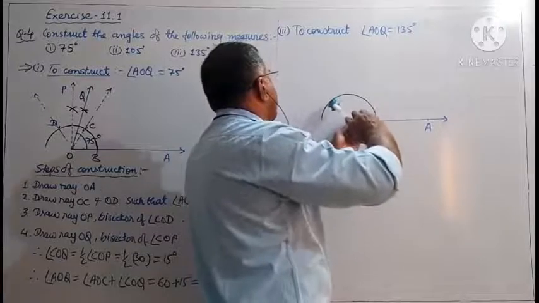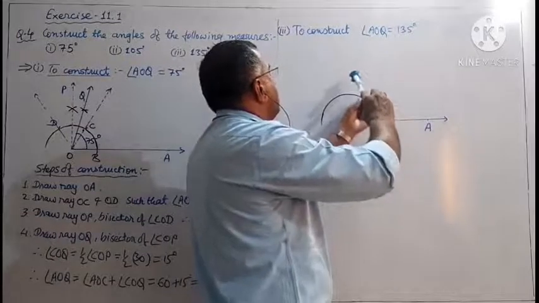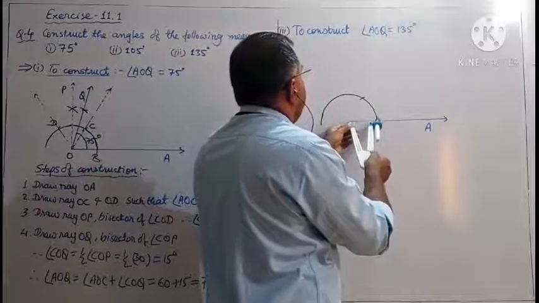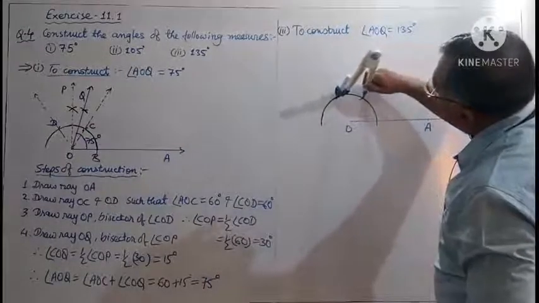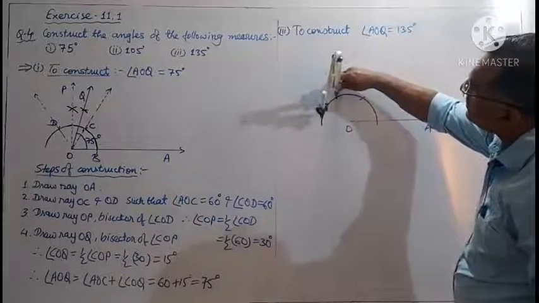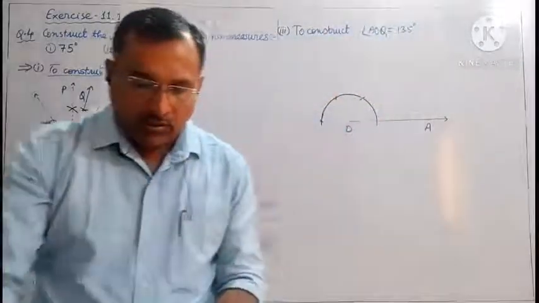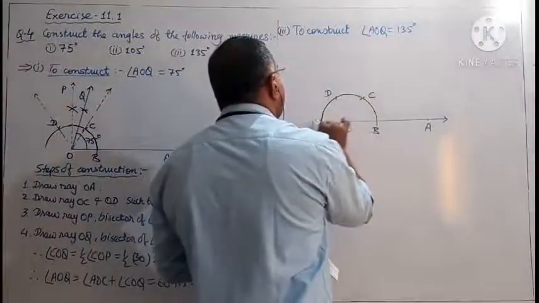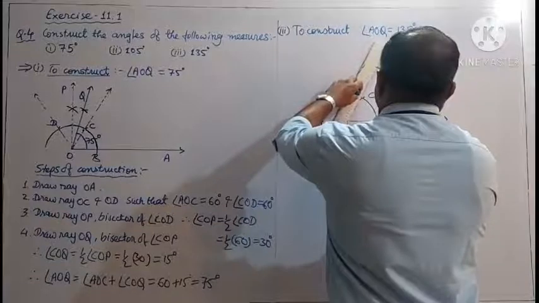Now taking this point as a center, draw the arc which intersects at C. Taking C as a center, with the same radius without changing the radius, we draw the arc which intersects at D. And taking this point as a center, again we draw the arc which intersects at E. So now here you can mark these points B, C, D and E. Draw ray OC.